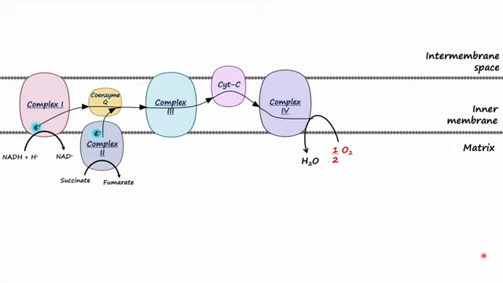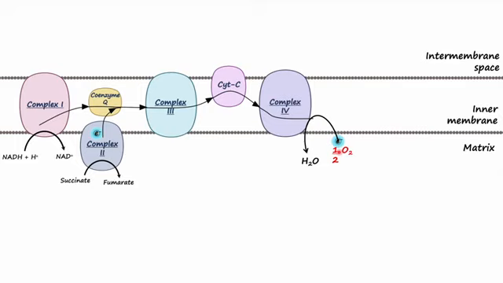Now lastly, I just want to quickly review the process of the electron transport chain. The electrons which are carried by NADH are transferred through complex 1 to coenzyme Q to complex 3 to cytochrome C to complex 4 and finally to oxygen. So now you can see that as the electrons move through these complexes and finally to oxygen, you can imagine oxygen as a magnet pulling the electrons towards itself.